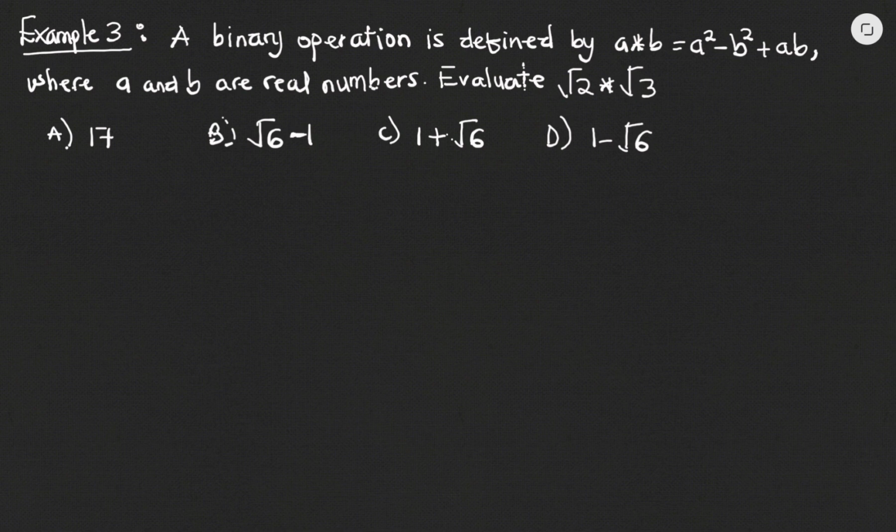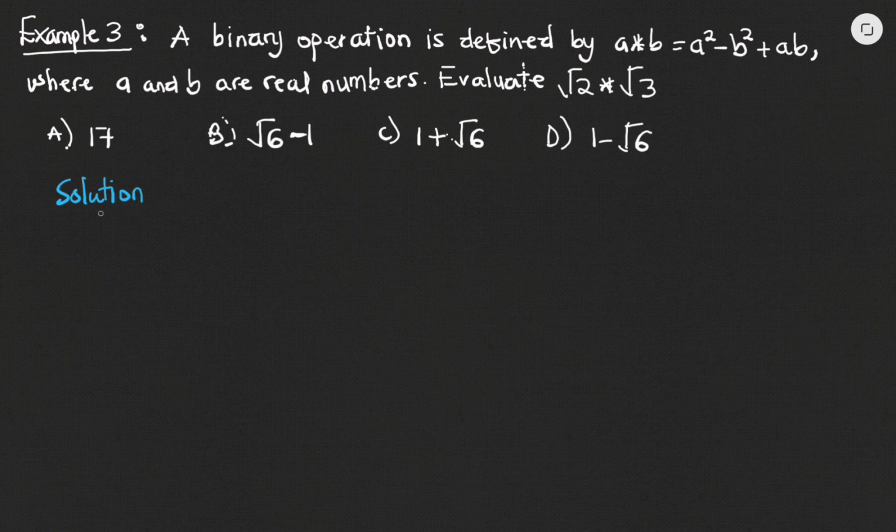So a binary operation is defined by A operation B is equal to A square minus B square plus AB, where A and B are real numbers. We are to evaluate root 2 operation root 3. All right, so let's look at the solution to this problem.